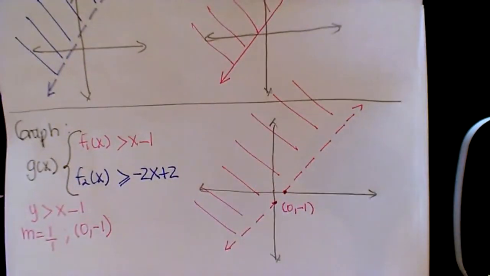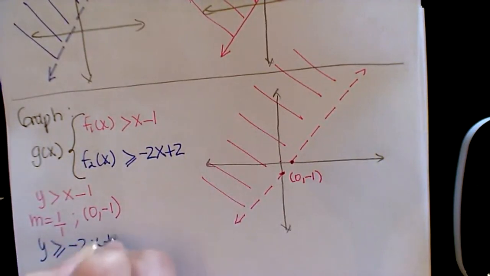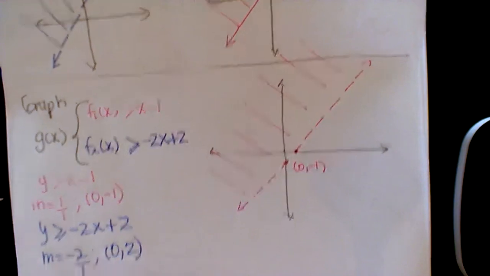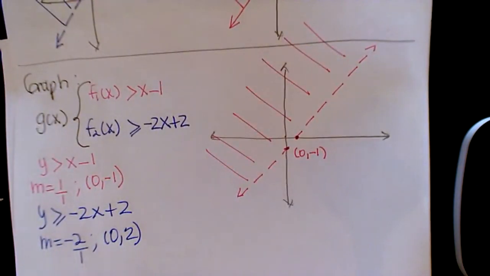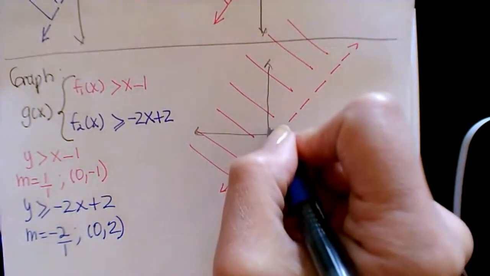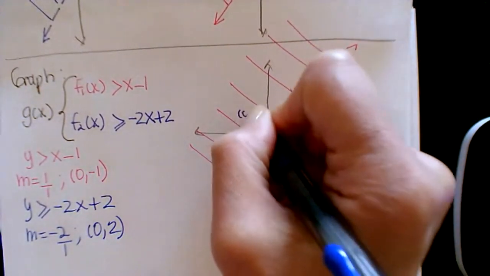Now let's do the other one. The other one says y greater or equal to -2x plus 2. So my slope is -2 and my y-intercept is 0, 2. Correct? So here's 0, 2.